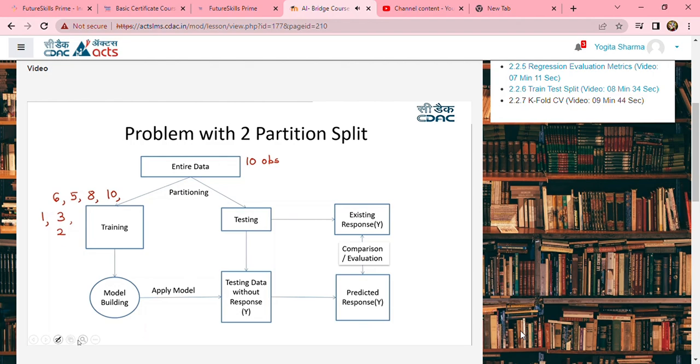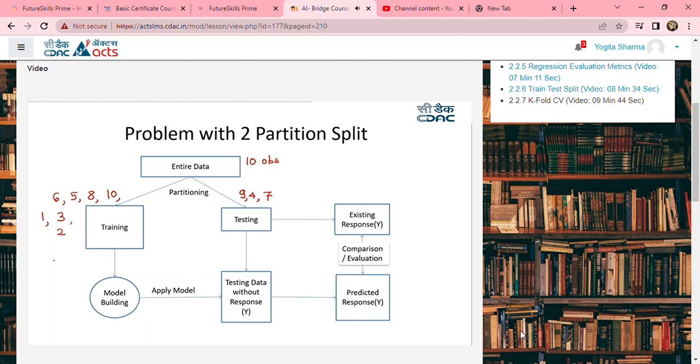So those observations will be 9th, 4th, and 7th. Now we build the model on all these train observations, and we assess the model on the test observations.